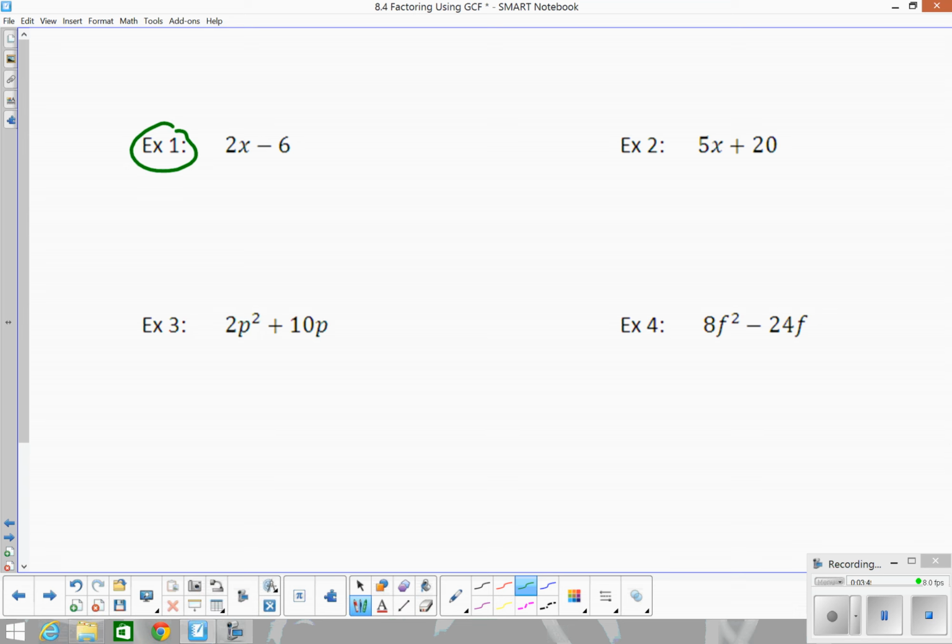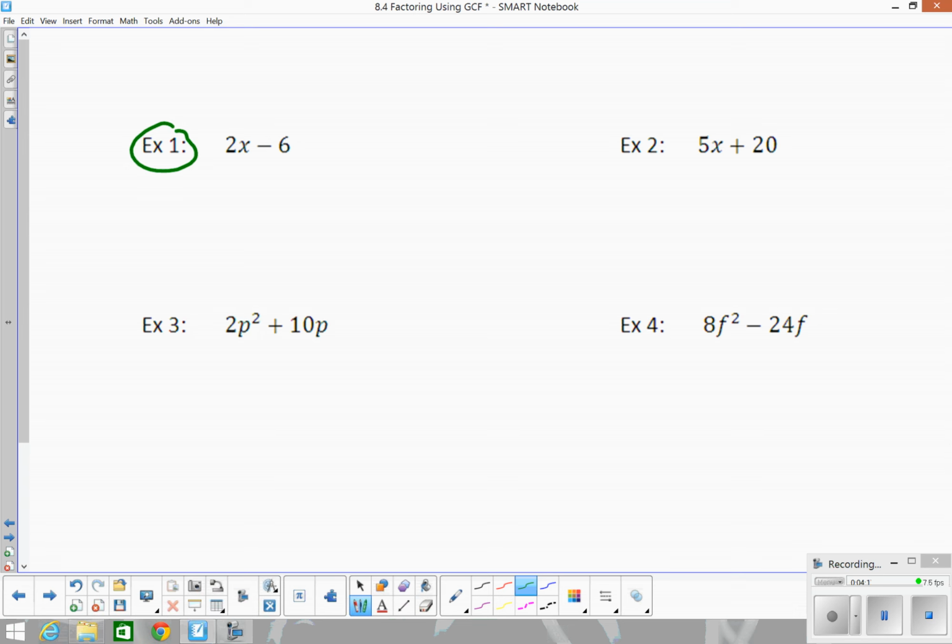I want to see what number or variable both of these two terms have in common. What can you multiply that number by for both of those terms? So if I have a 2, let's just worry about the numbers first. What can I multiply something by to get a 2 as well as a 6?